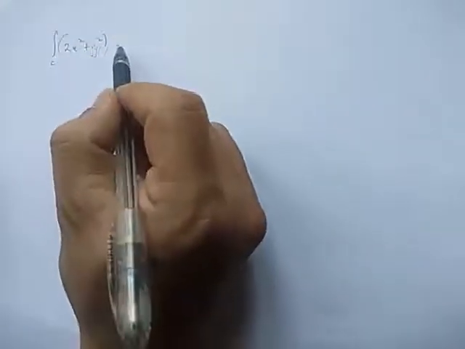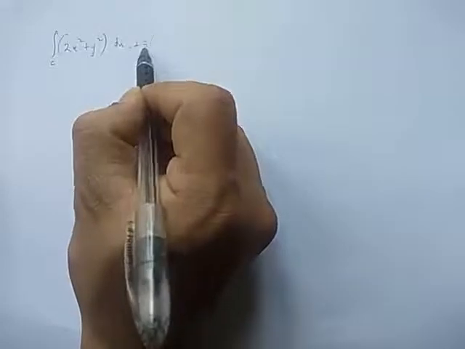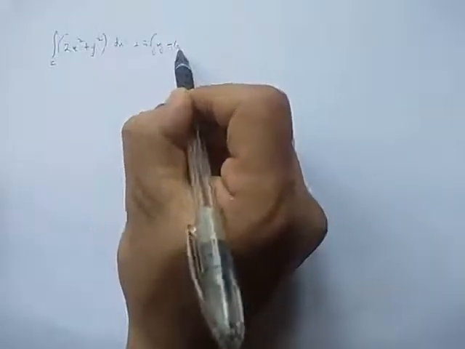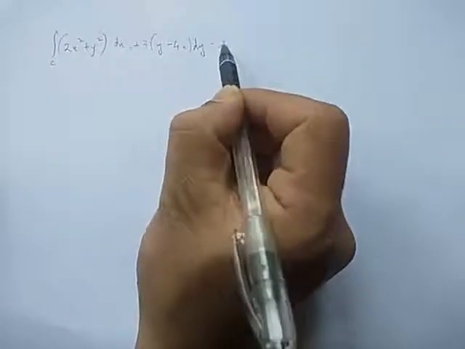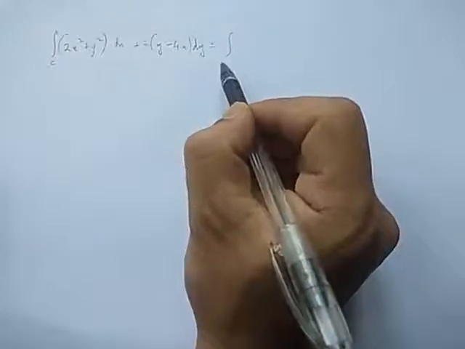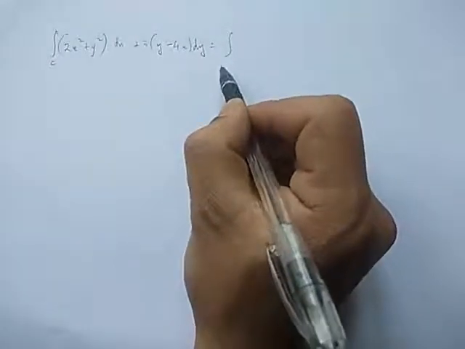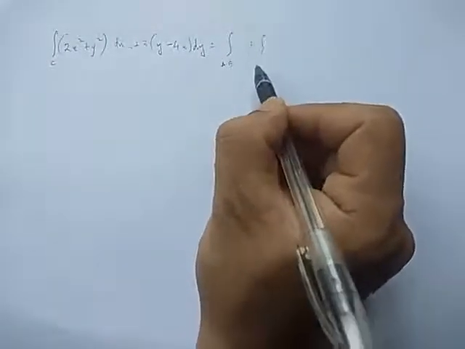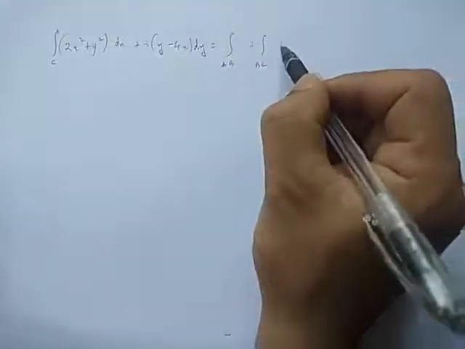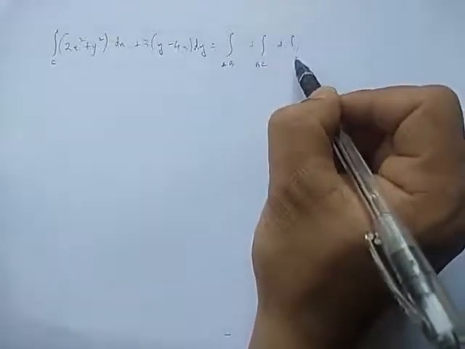So the total integration over C of 2x squared plus y squared dx plus 3 into y minus 4x dy will be the integration over AB plus the integration over BC plus the integration over CA.